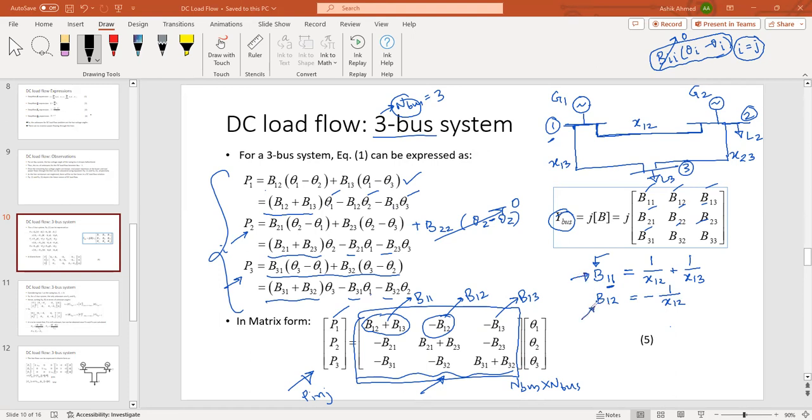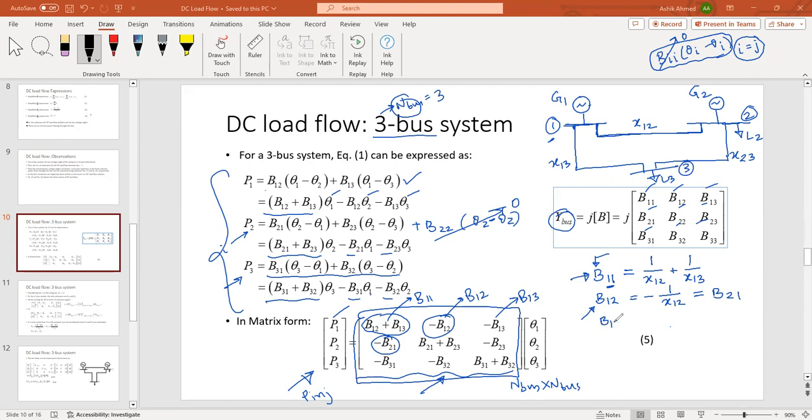Luckily, this B matrix over here is symmetric in nature. Means once I know B12, I can also say that that is same as B21. So the magnitude of this and magnitude of this along with the sign will be exactly the same because of the symmetric nature of this matrix.